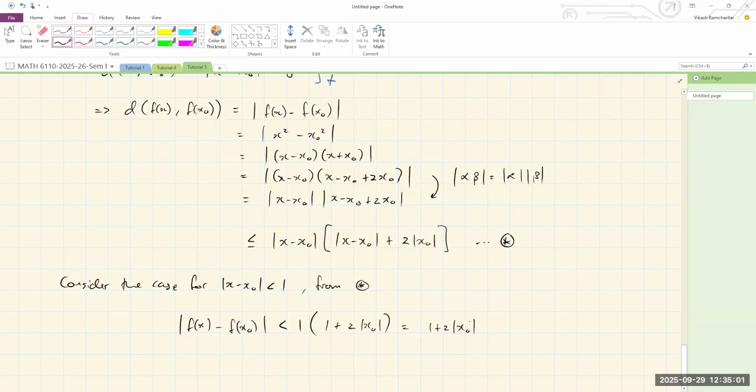So that tells me if I want this to be less than some fixed value epsilon, then what I will have to do is, if this is less than 1, I need to make this outer one such that I essentially want this to cancel with the 1 plus 2 modulus of x0.